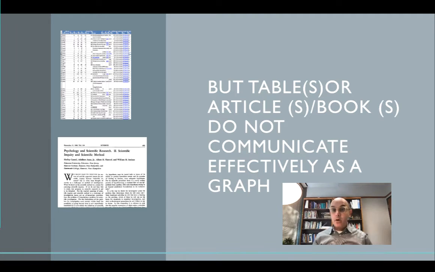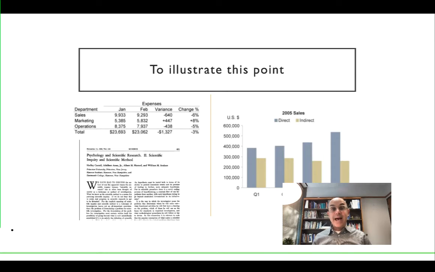So the tables and the books do not do that. Why is that? To illustrate my point, on the left side we have a table as presented in Excel, and an article that can be presented in a Word document, in comparison to a graph.